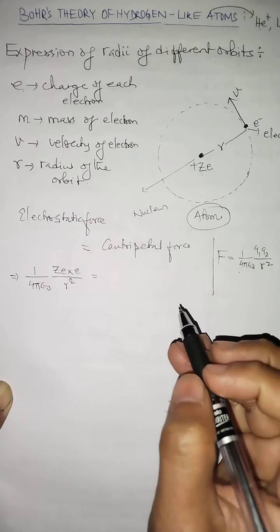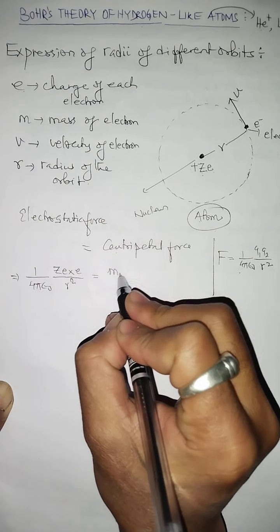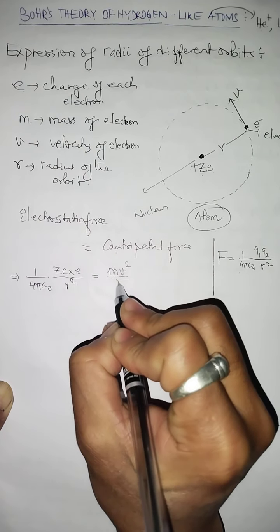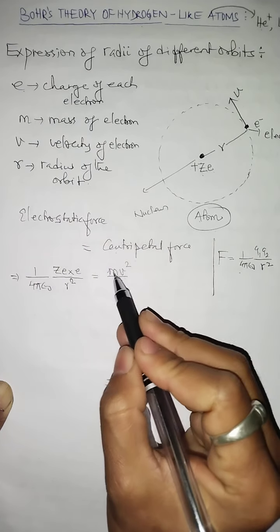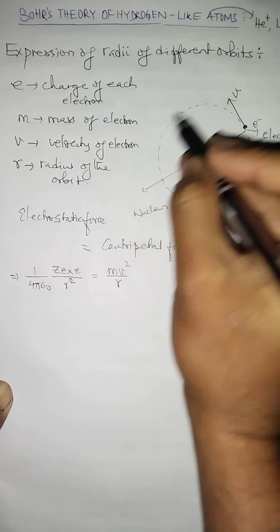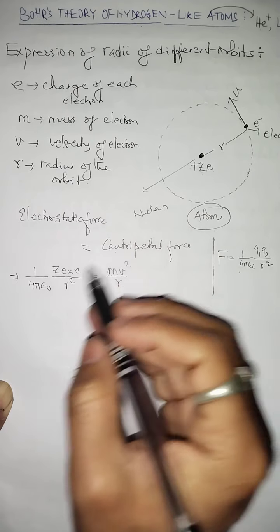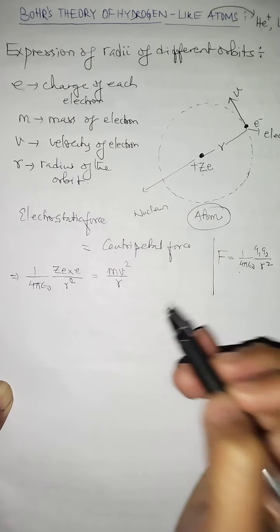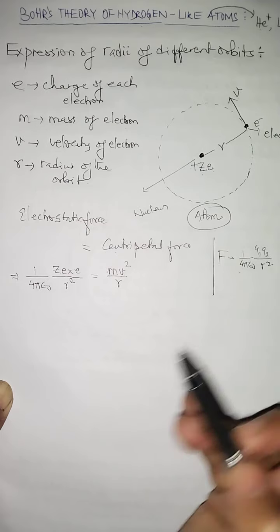You have learned the centripetal force is measured by the formula mv square by r, where m is the mass of the electron, v is the velocity of the electron, and r is the radius of the orbit. From this relation we can determine the radii of different orbits.